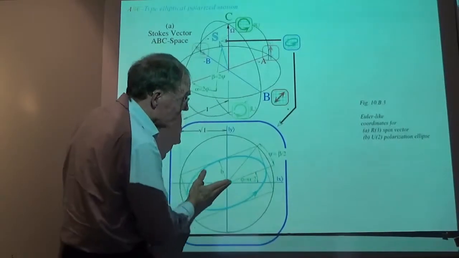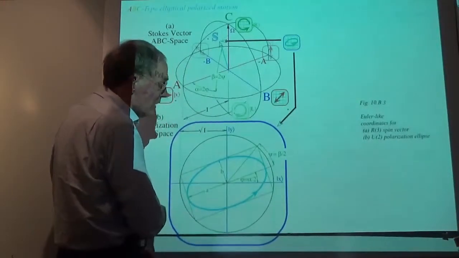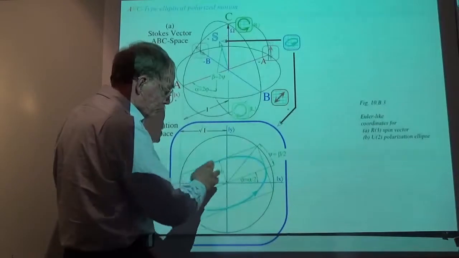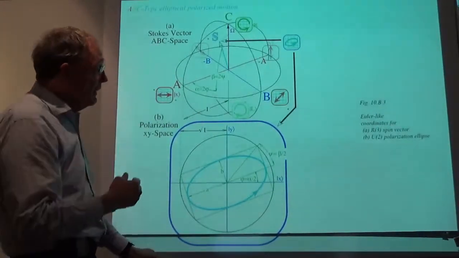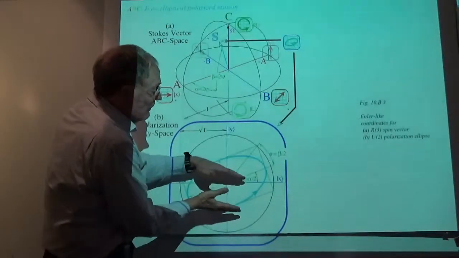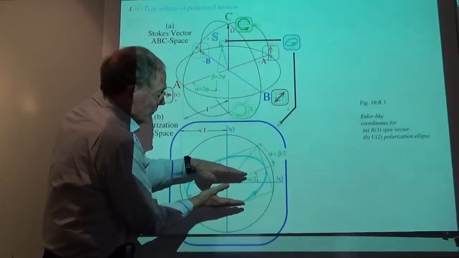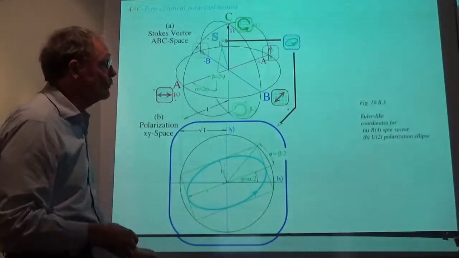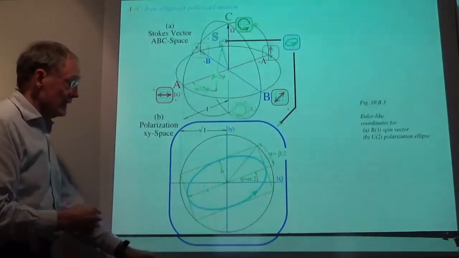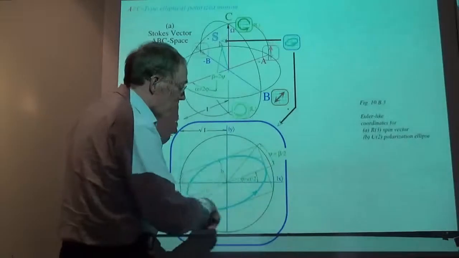It's the actual tipping of an ellipse that is called, I guess you would call that Faraday rotation, but if it were actually going to be occurring in time, we would call it the Foucault precession of an orbit.